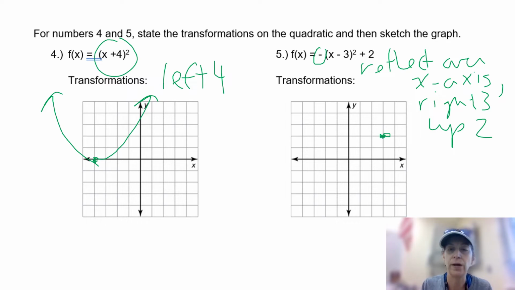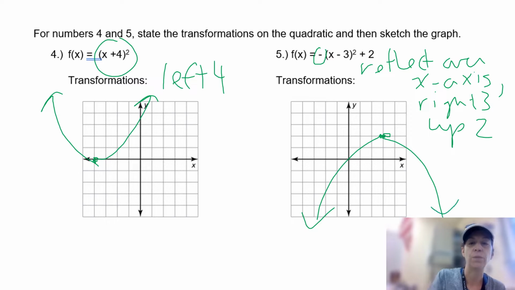And then this one is reflected, so it's going to be flipped over. Okay, and that is full credit. Full credit answers on both 4 and 5. That was all you needed to do. Quick sketch. You want to show that you know the shape and the location and the orientation, and then you can look at the functions and interpret what that means for the graph.